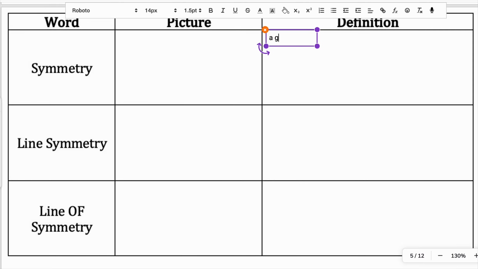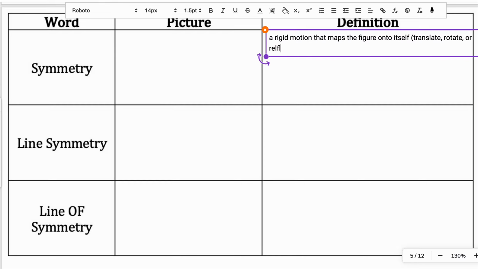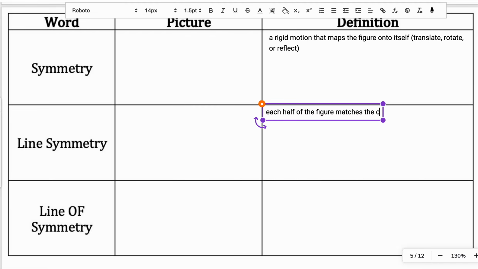So symmetry is a rigid motion that maps the figure onto itself, either by translate, rotate, or reflect. With line symmetry, that is, each half of the figure matches the other side exactly.